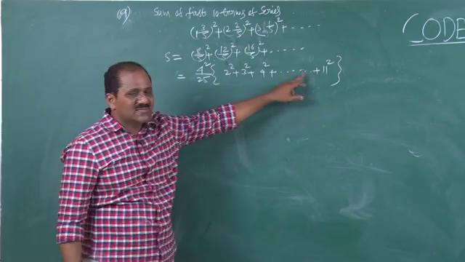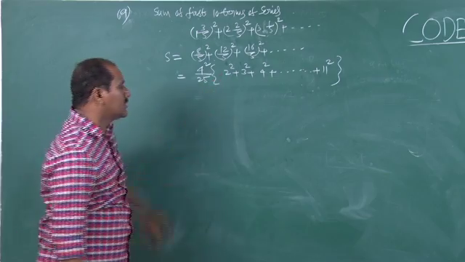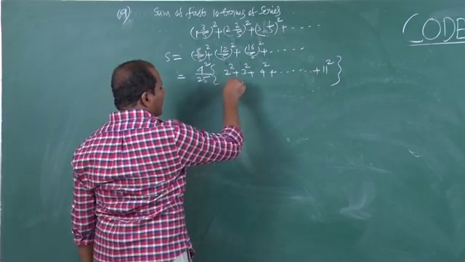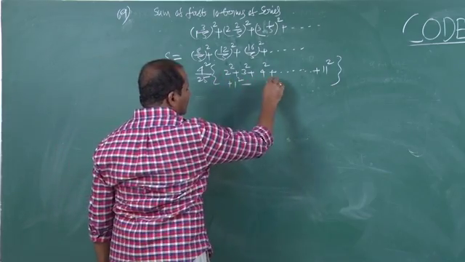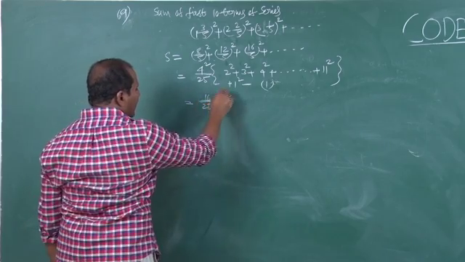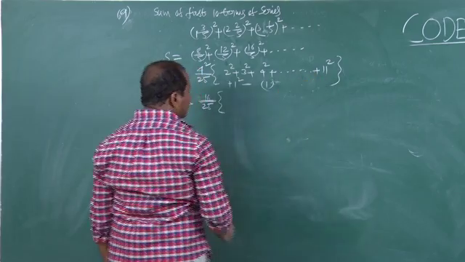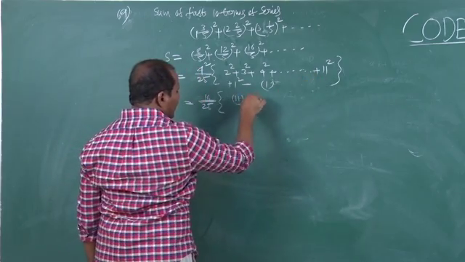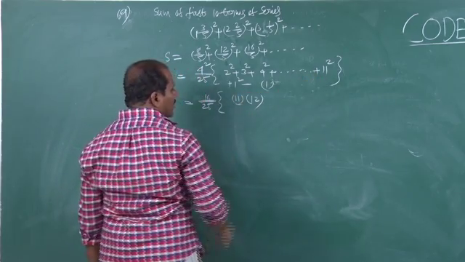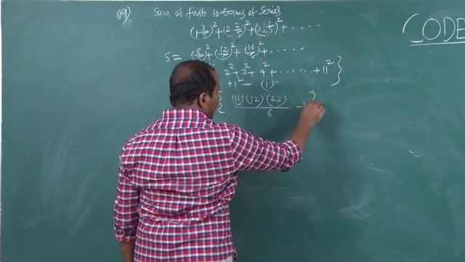This is in the form of sum of squares of first n natural numbers, but 1 square is missing. So, add 1 square and subtract 1 square. This 1 square is 1, so that is equal to 16 by 25 multiplied by (1 square, 2 square, 3 square, so on up to 11 square), n into (n plus 1) into (2n plus 1) by 6, minus 1.